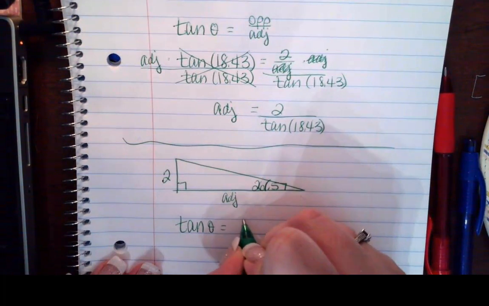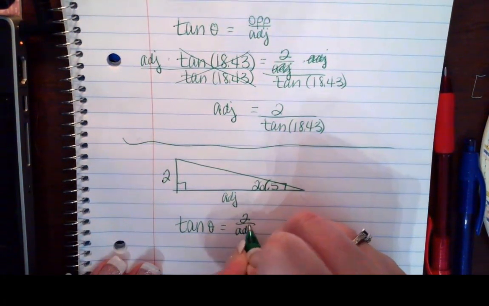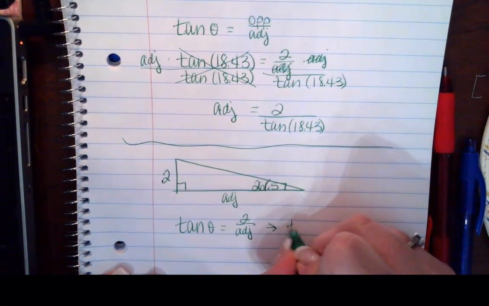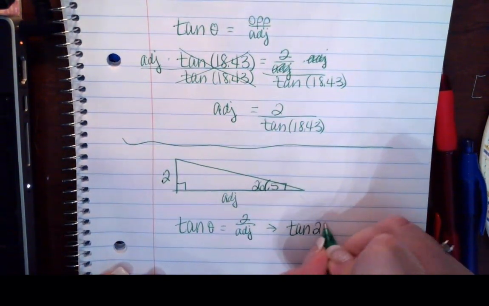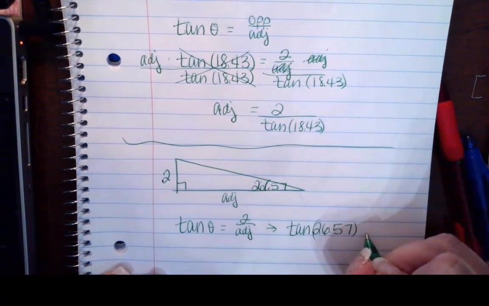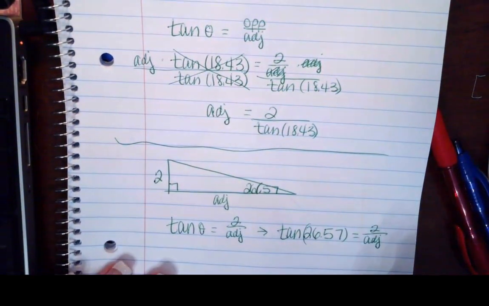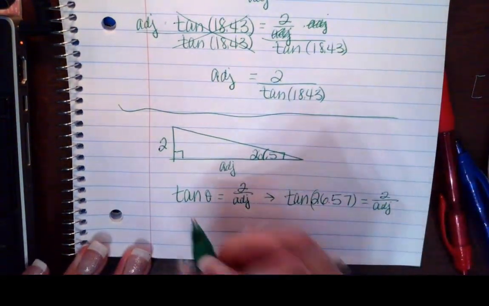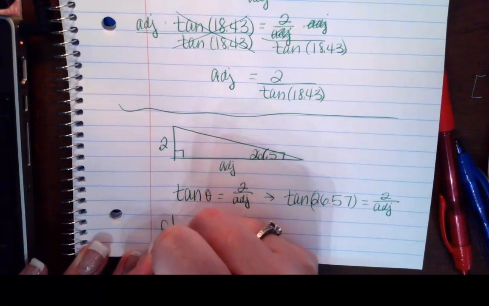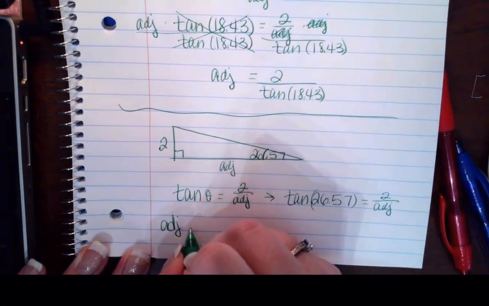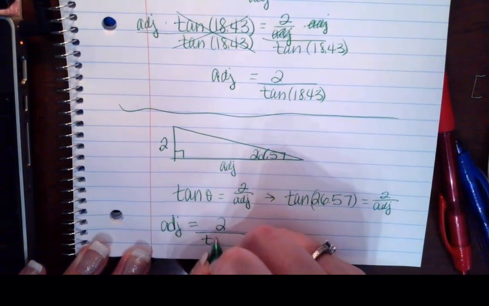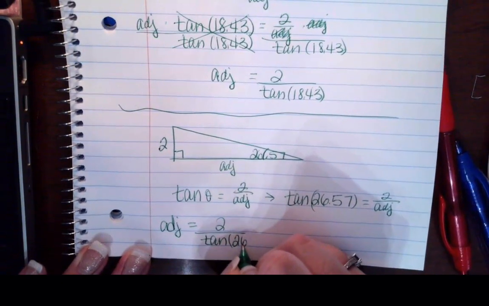So tangent theta is 2 over adjacent, or for lack of room, we have the tangent of 26.57 equals 2 over adjacent. So if you haven't noticed yet, the tangent and the adjacent flip-flop locations. And the only reason I'm showing you that this way is because I'm out of room. So that gives me the adjacent side is going to be 2 over the tangent of 26.57.